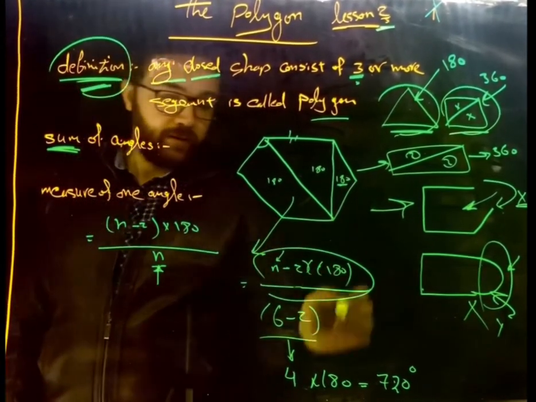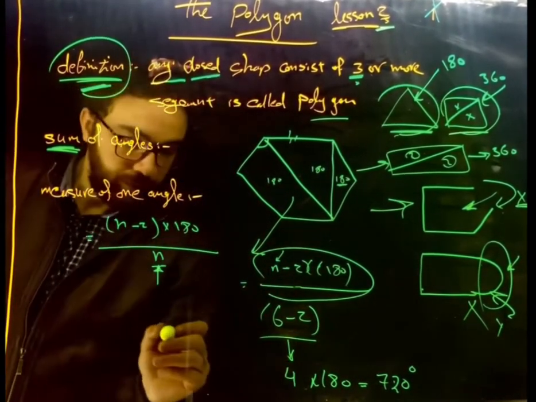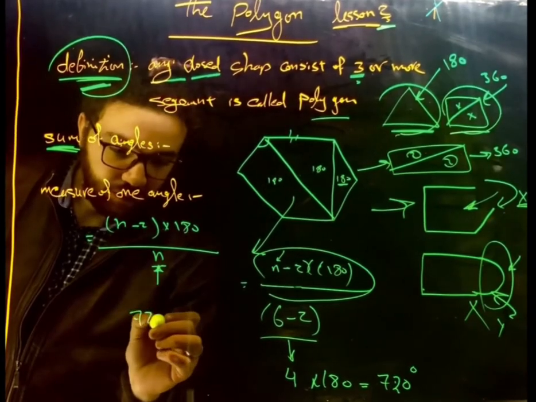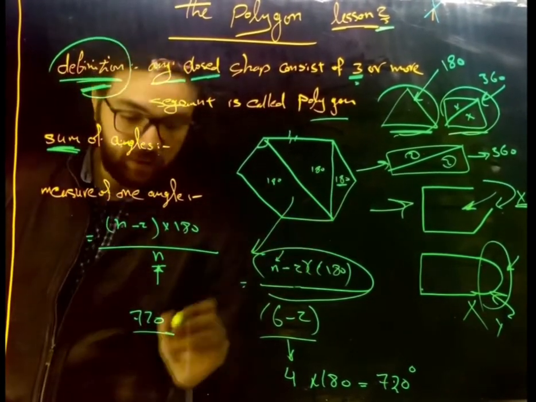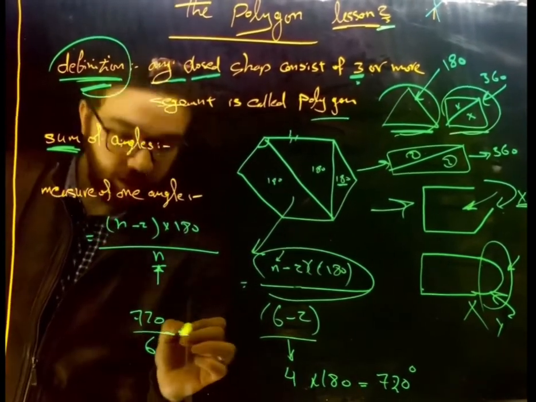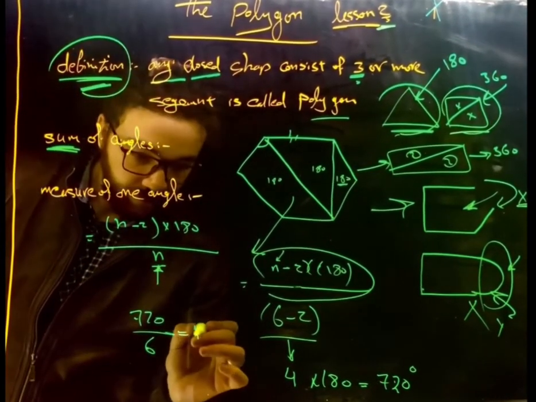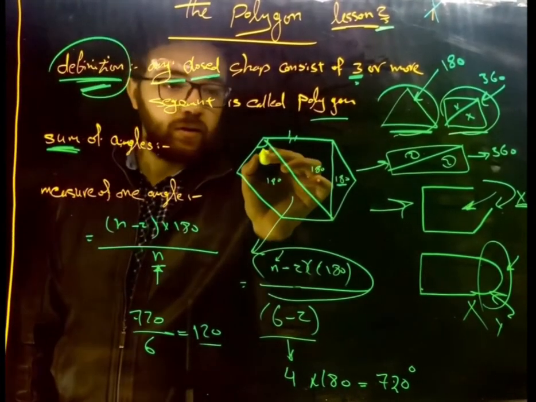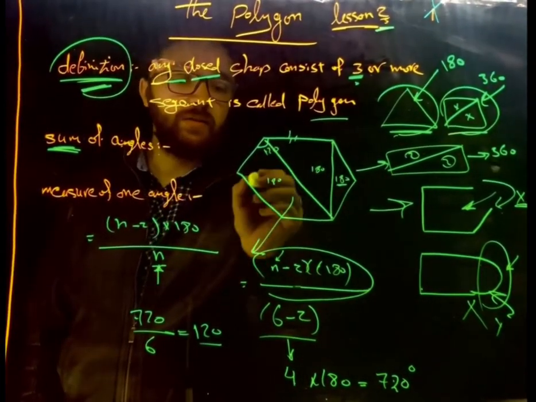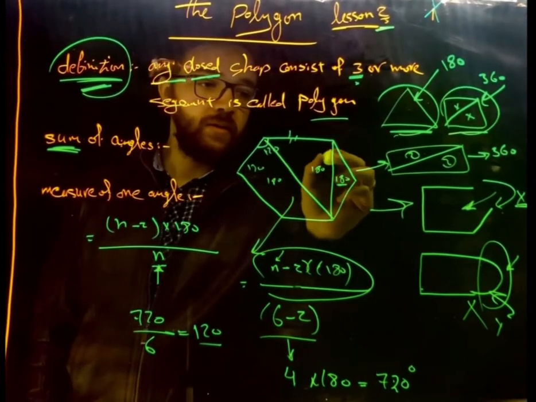For example, the same example here, 720 divided by 1, 2, 3, 4, 5, 6 equals 120, which is this angle 120, 120, the same.